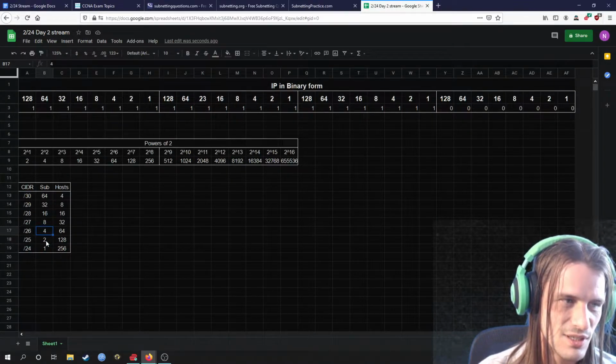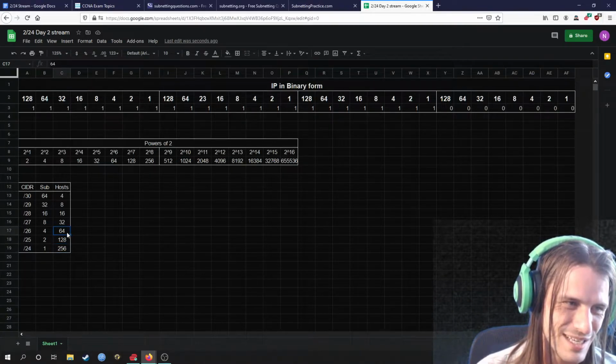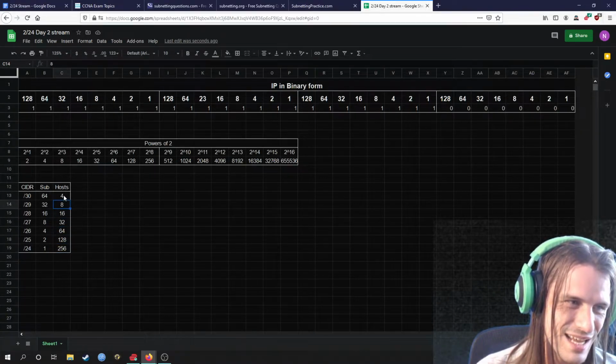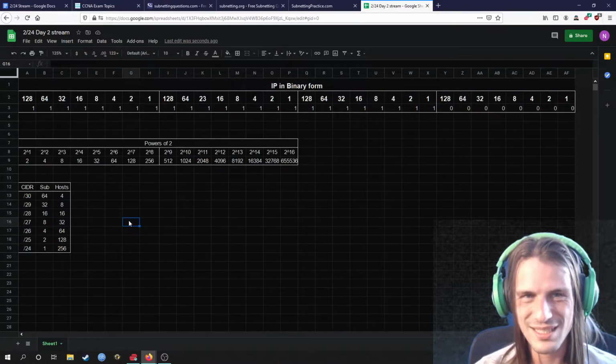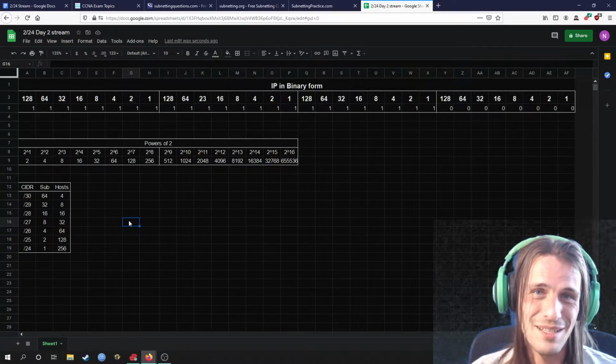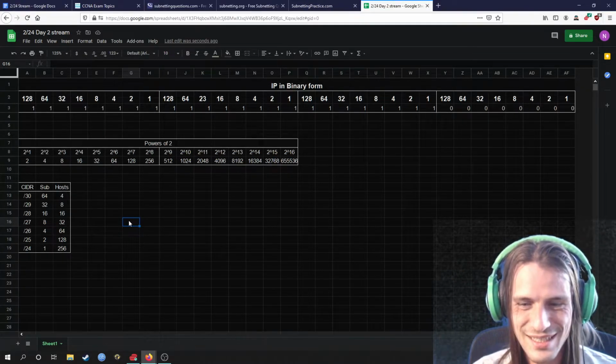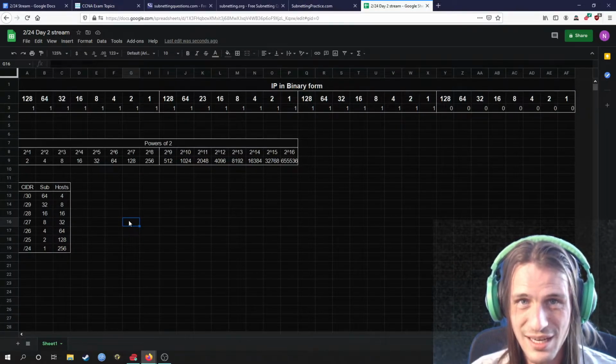You just start doubling this: 1, 2, 4, 8, 16, 32, 64. And then you start having this: 256, 128, 64, 32, 16, 8, 4. There's a lot to be said about how simple that makes it. But you have to understand the math behind it.